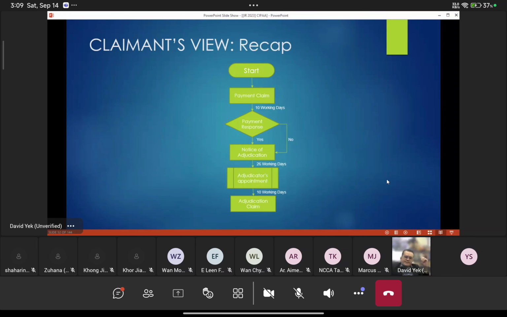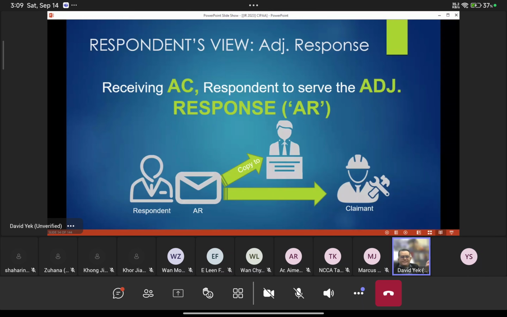Now we have to change hat again. We go into the position of a respondent. After receiving the adjudication claim, the respondent will serve the adjudication response. This is the time that the respondent will go into action.